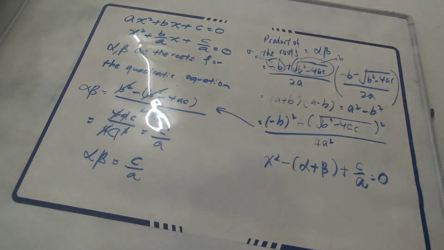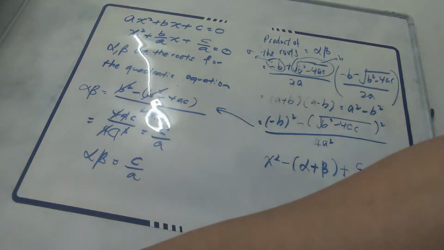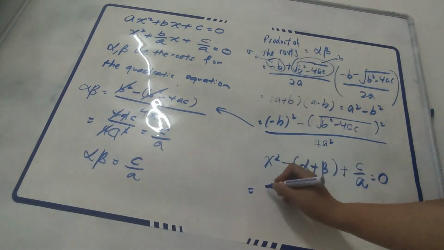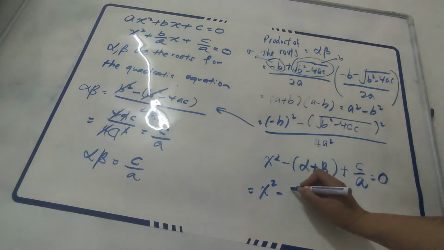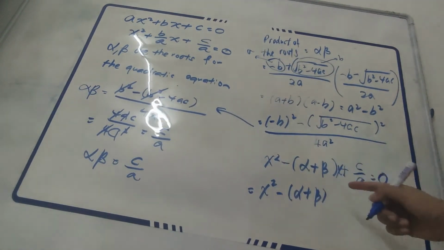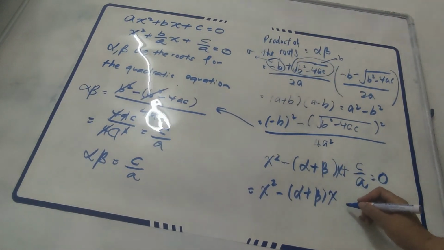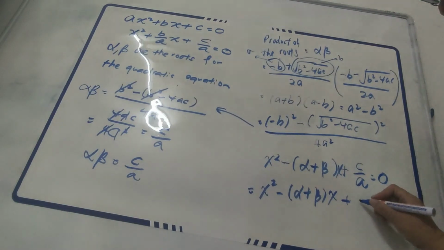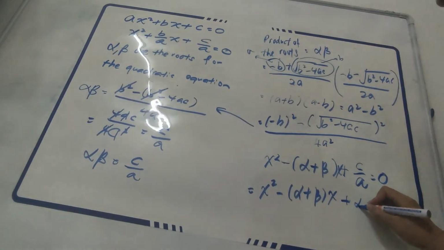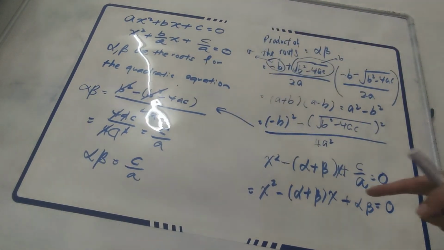Maybe I should put it in: x squared minus alpha plus beta x, then plus alpha beta. So this is how you prove it.